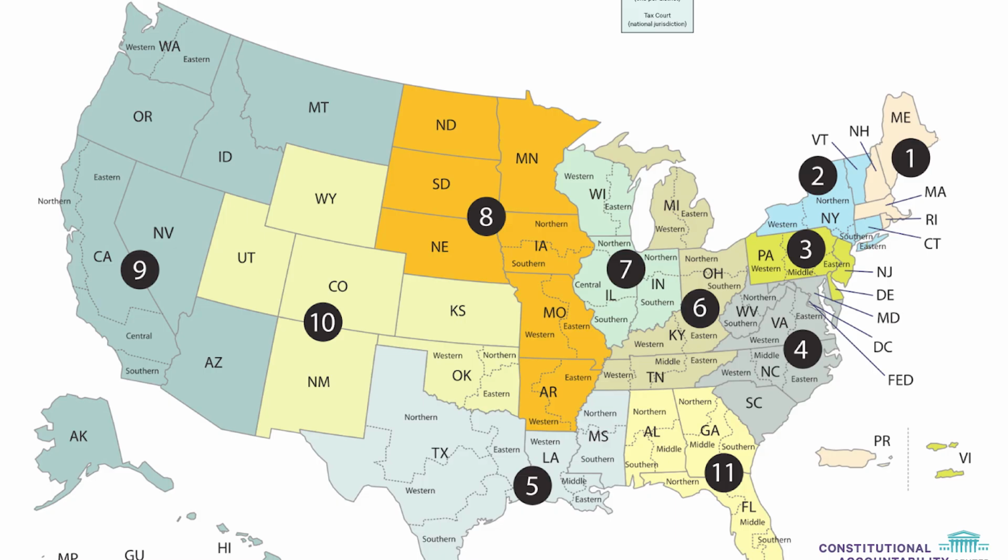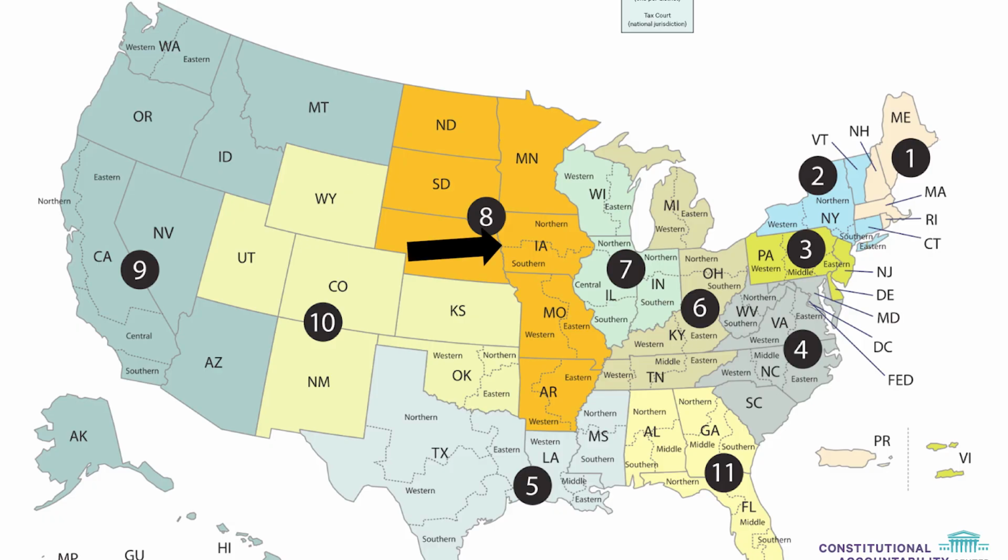So for instance, if you notice the 8 and the states that are in orange, well, the 8th Circuit Court of Appeals has power over North Dakota, South Dakota, Nebraska, Minnesota, Iowa, Missouri, and Arkansas. So when they make a ruling, it only affects those states that it has power over.